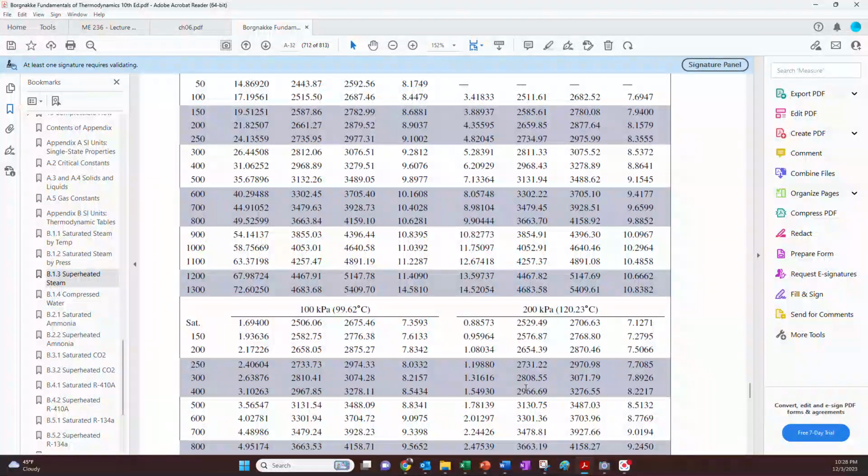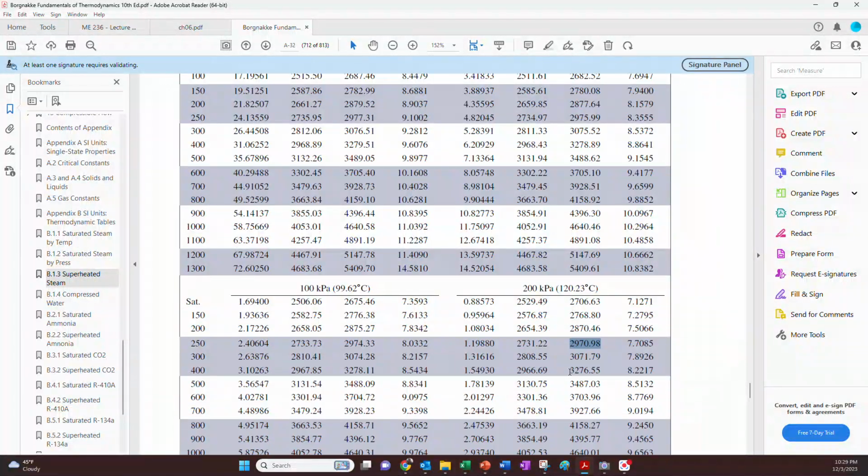So we have 200 kilopascals, and we need 3,096. Here's 2,000, that's H, right? We need 3,096, so we're going to be between 300 degrees and 400 degrees.